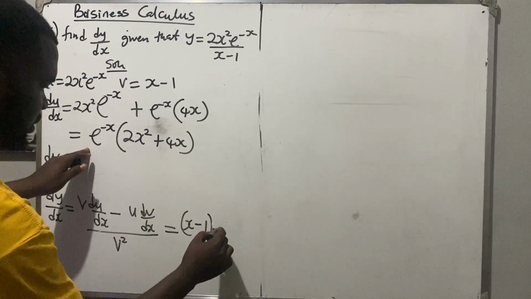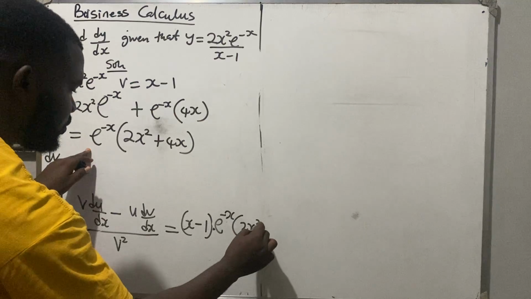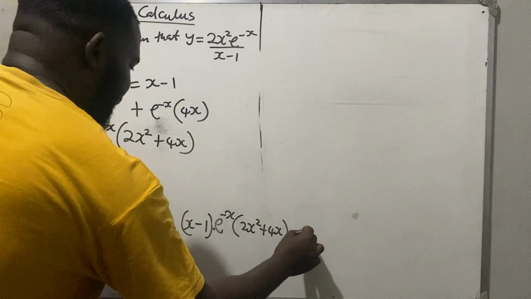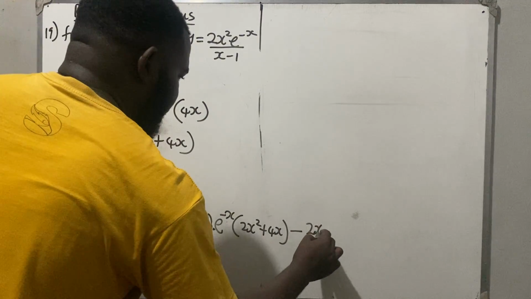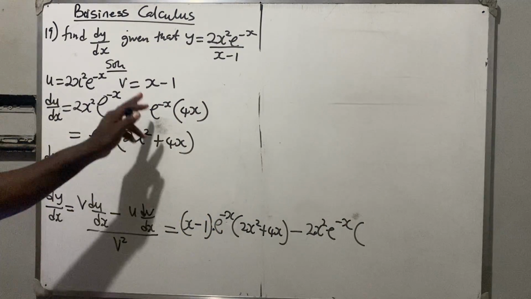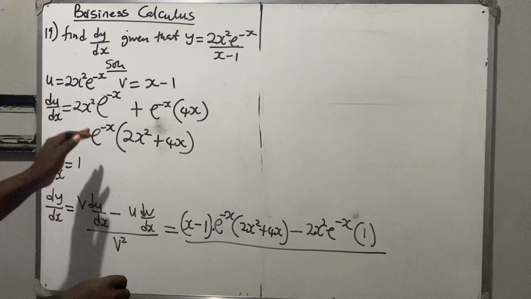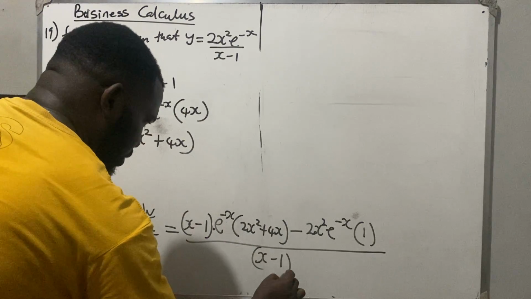So, which is exponential minus x in bracket of 2x squared plus 4x. Then minus u, this is my u here, which is 2x squared exponential minus x, multiply by dv/dx. dv/dx gave me 1. Then all over v squared. My v squared is x minus 1 all squared.